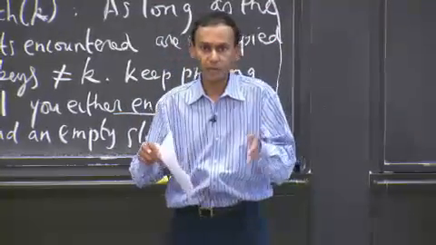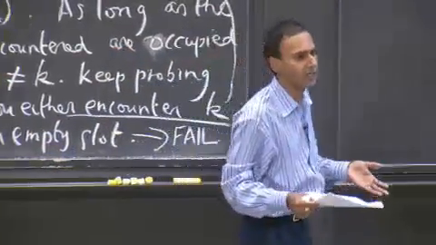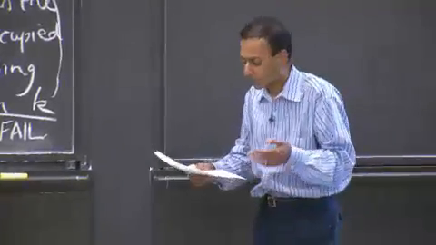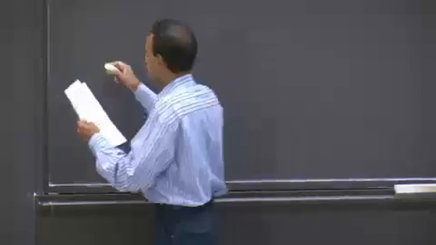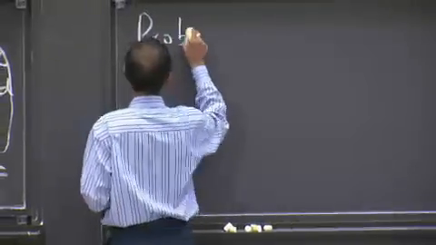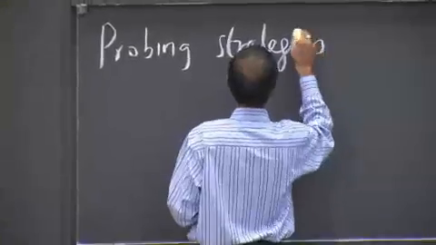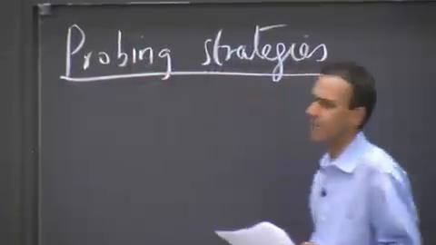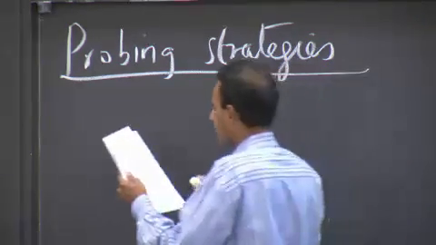And you'd like to have this nice property of corresponding to a permutation. Can we actually design hash functions like this? We'll take a look at a bad hash function and then a better one. So let's talk about probing strategies, which is essentially the same as taking a hash function and changing it so it is actually applicable to open addressing.